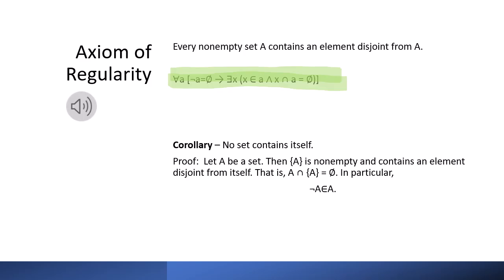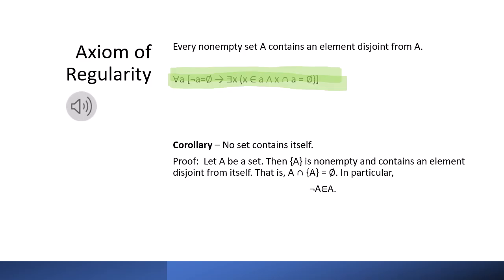Now, the axiom of regularity says that every non-empty set contains an element which is disjoint from the set. And disjoint here just means that the intersection with the set is empty. Okay, so in green there, I've highlighted the formal sentence. And here we're using for the first time the symbol for the empty set.